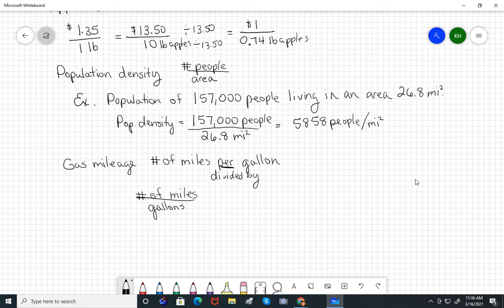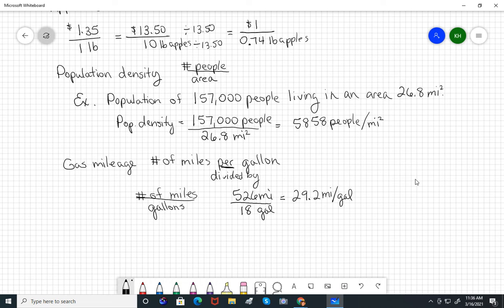If you have a car that can travel 526 miles and you have a gas tank that holds 18 gallons, so on one tank of gas, it'll go 526 miles, that's 18 gallons. 526 divided by 18, and that car is getting 29.2 miles per gallon. So it's very important when you're looking at ratios that you label things and understand when it's something per something, you are dividing.